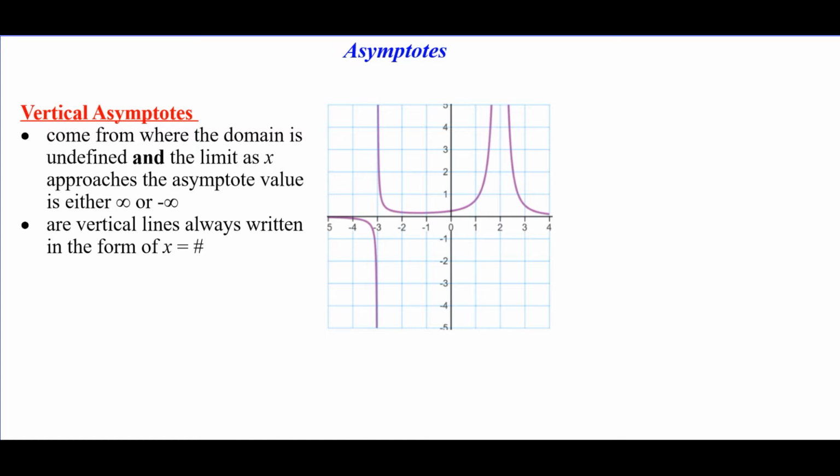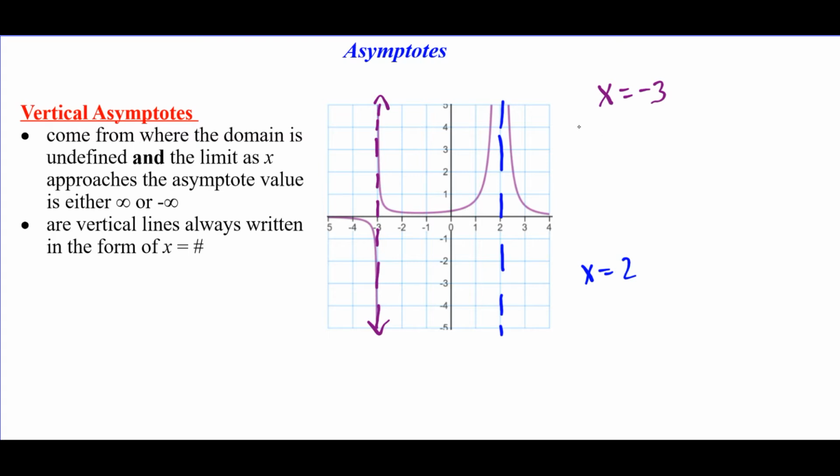A second example of this, here's another graph. This graph appears to have two vertical asymptotes. We've got one at x equals -3 again, and a second one over here, x equals 2.